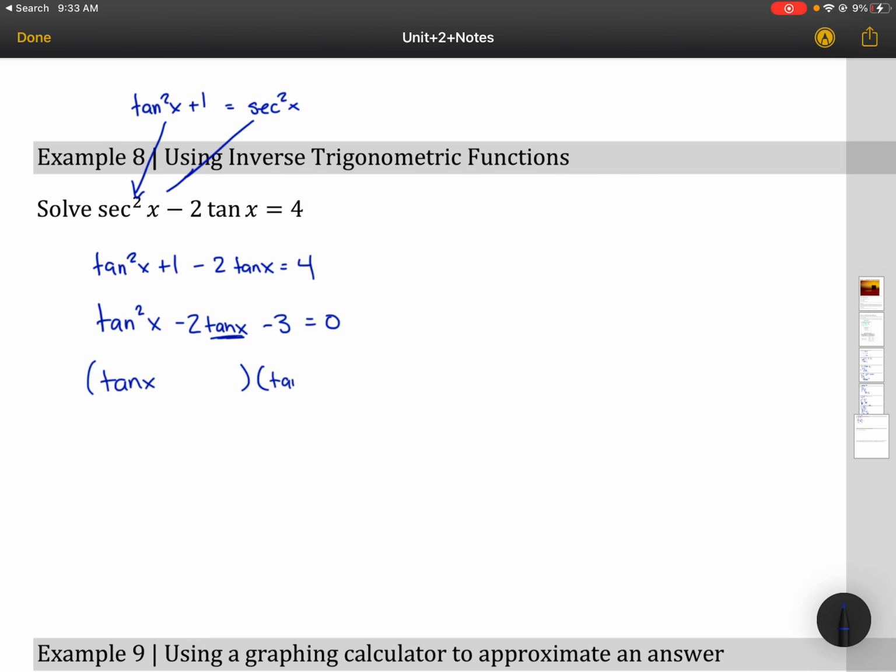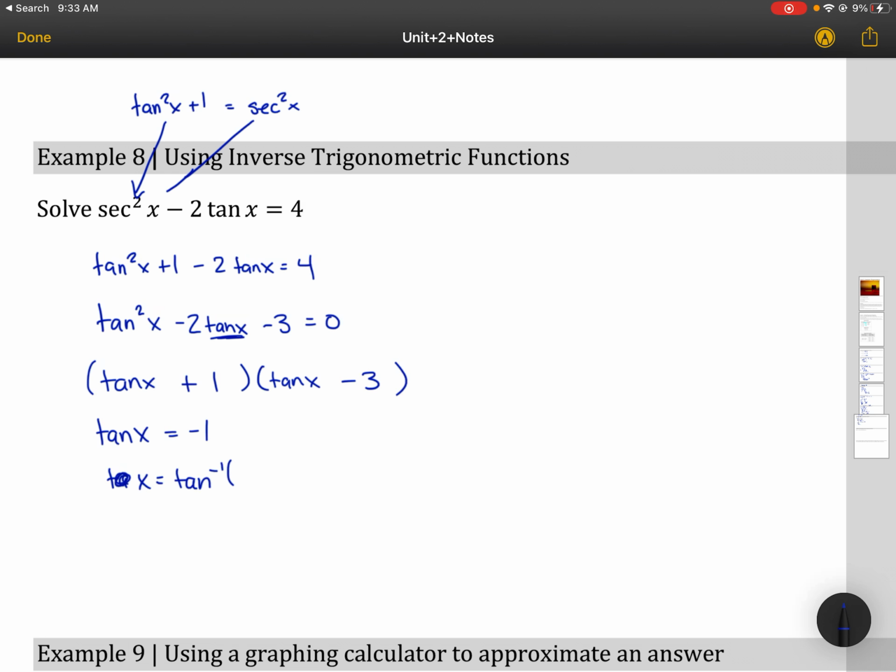So tangent x, how do you get tangent squared? You multiply tangent by itself, so you get tangent x plus something times tangent x plus something else. So factors of negative 3 that multiply to be negative 3 and add to be negative 2: we're going to say minus 3 and plus 1. So we get tangent x equals negative 1.